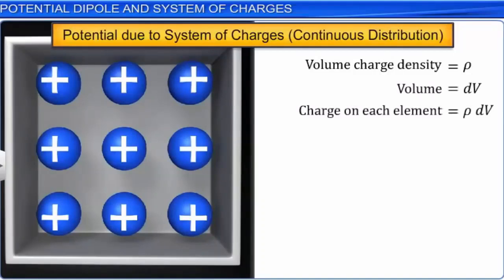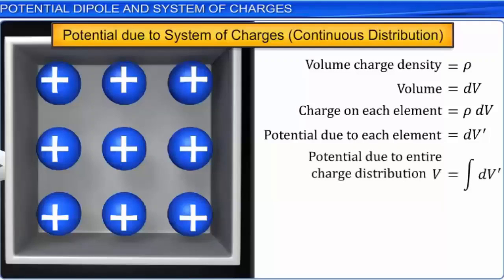Then we find the potential due to each such volume element, say dV'. Then the potential V due to the entire charge distribution is obtained by integrating dV', since this gives the sum of potentials over all such distributions.